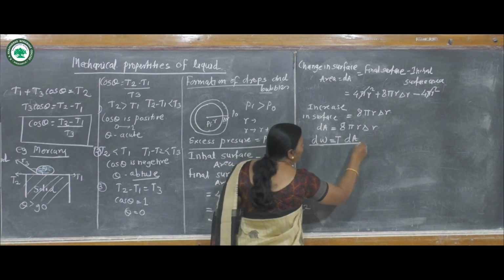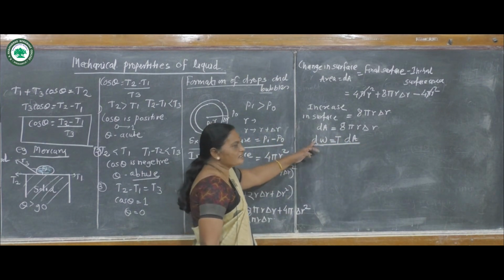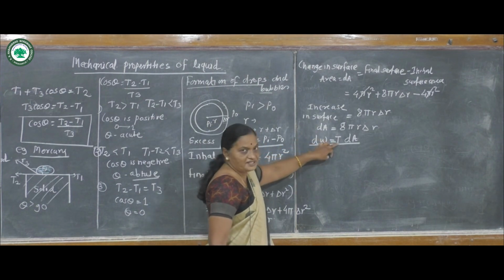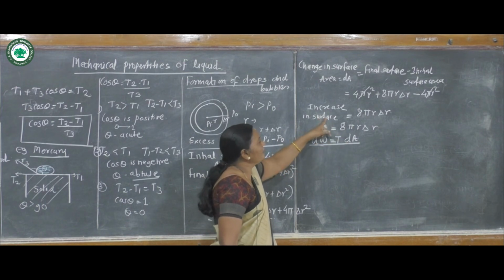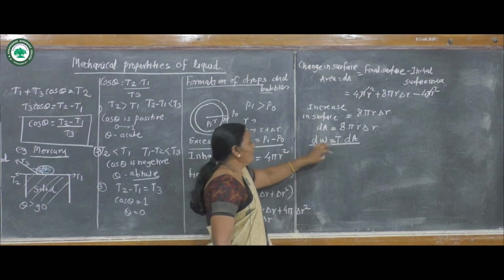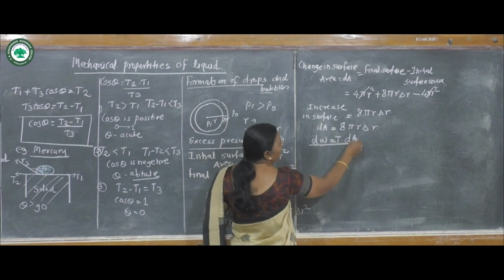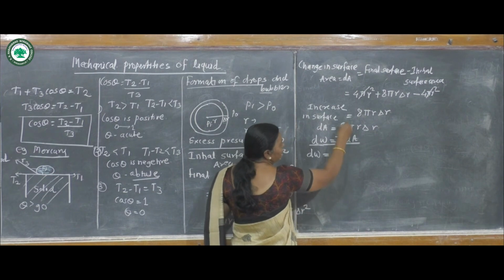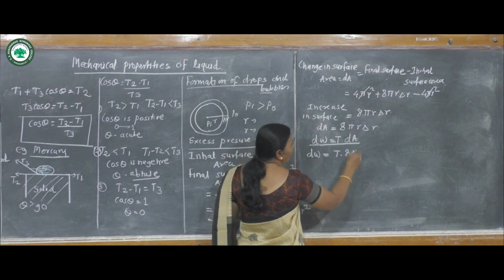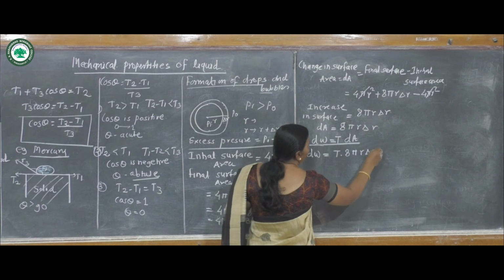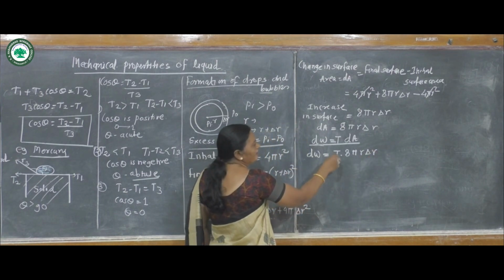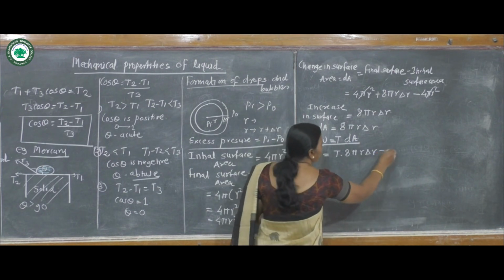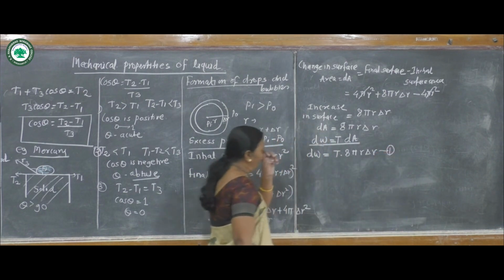The surface energy is related by this equation: surface energy is equal to surface tension multiplied by the increase in surface area. Now substituting the value of dA here, we get dW is equal to T into 8 pi r delta r. This is equation number 1.